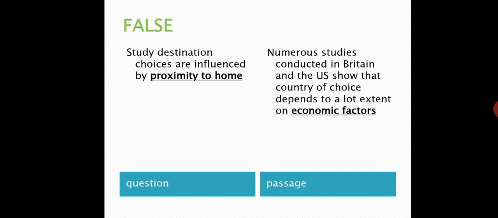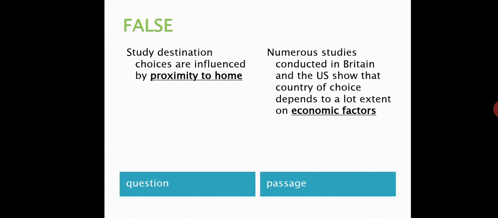No, nabigay yung main idea na may study destination choices at may influence yon. Yun yung mismo nakalagay doon sa passage. Show that country of choice depends, which is influence to a lot extent on, but not proximity to home, but economic factors. So the proximity to home and economic factors are not the same. Therefore, the answer is false.